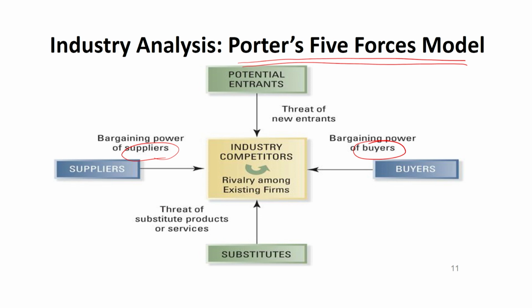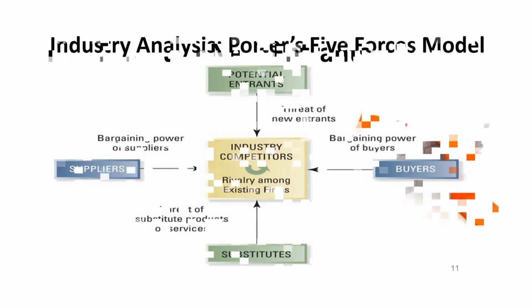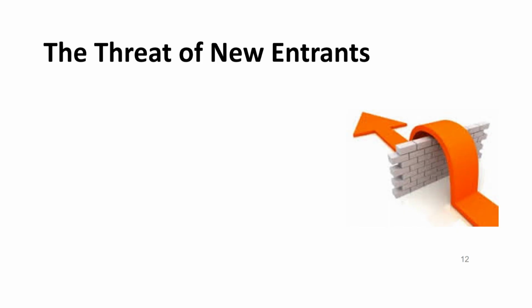Let's look at this model in detail. First is threat of new entrants. Whenever a new entrant enters, that company will bring a desire to gain market share, more capacity, more substantial resources. Therefore, they are regarded as a threat. Threat of new entrants depends upon the presence of entry barriers.